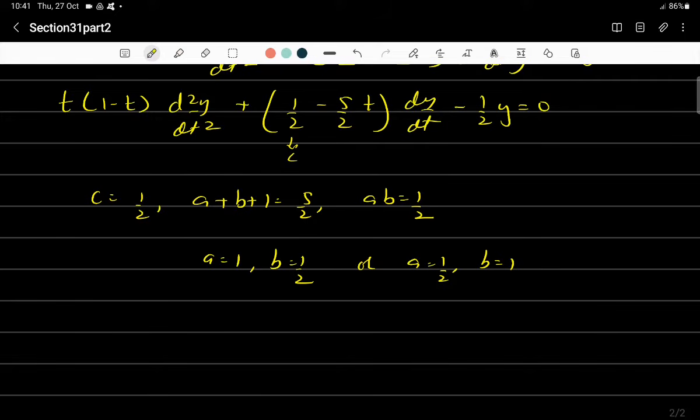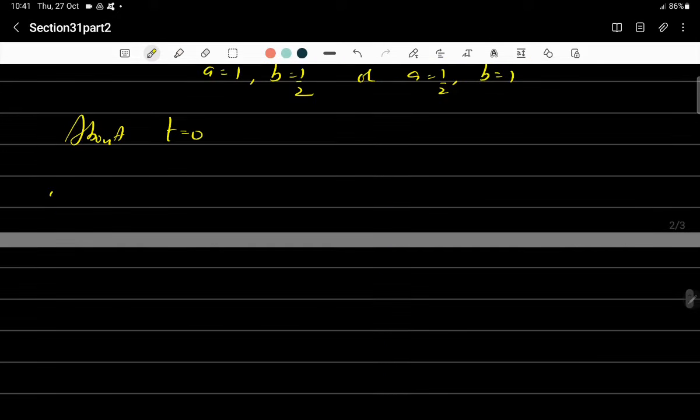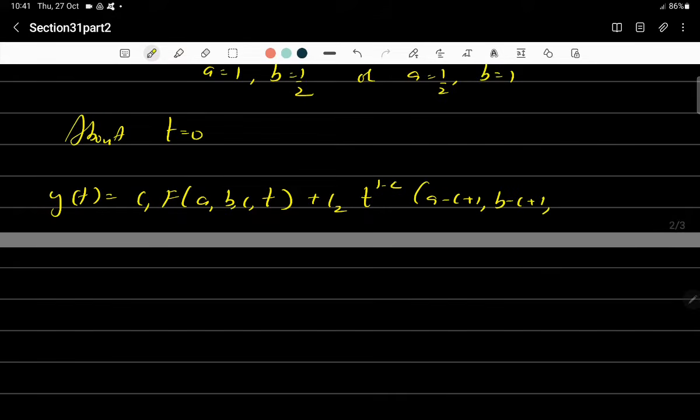So about t is equal to 0, your solution is y of t, which is c1 F of a, b, c, t plus c2 t raised to the power 1 minus c, F of a minus c plus 1, b minus c plus 1, 2 minus c, t.